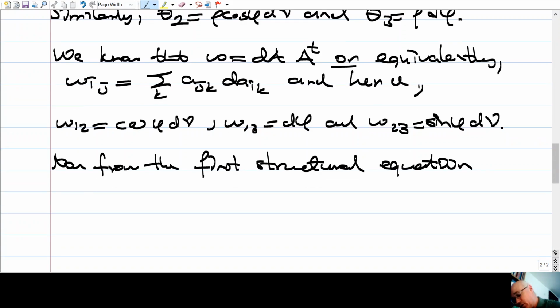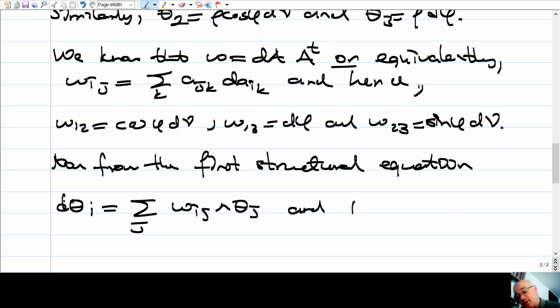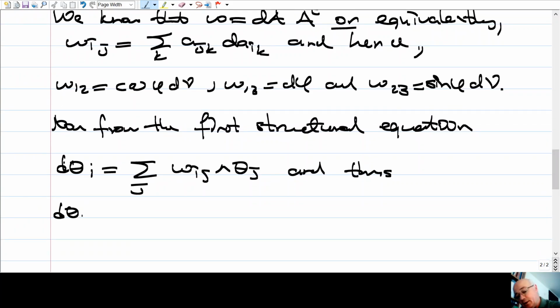We can compute the derivatives of theta i's, and this was d theta i equals the summation over j of omega ij wedge theta j, and thus we may, for example, compute d theta 3. So this is omega 3 1 wedge theta 1 plus omega 3 2 wedge theta 2.